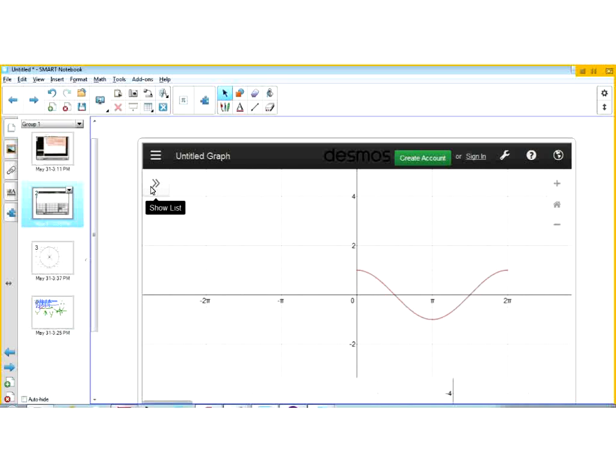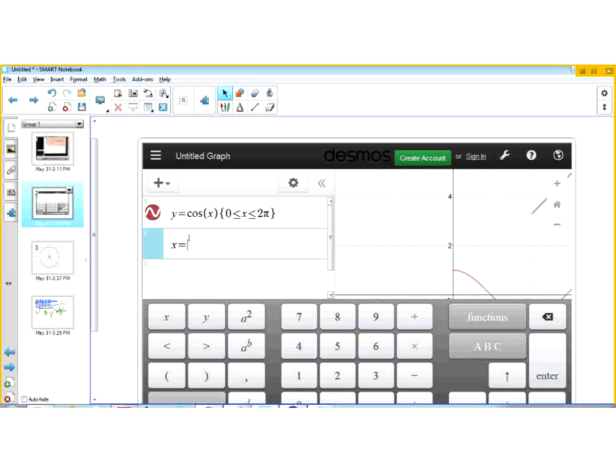I guess we should graph where cosine x is equal to negative 1/2. Okay, so there's the line. Oh, so we'll probably have to do a periodic extension for our derivative.